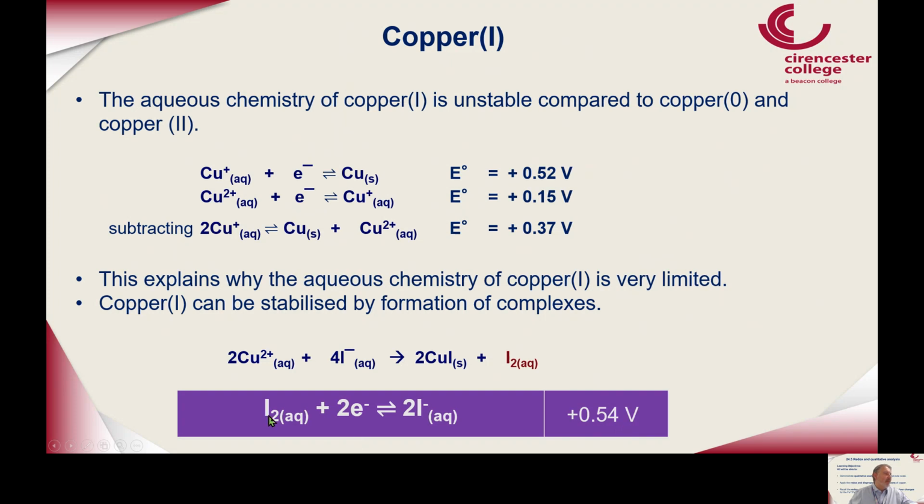So iodine can react with copper plus to make copper 2+, but it can also react with copper solid. So iodine plus copper solid will make Cu+ and iodide. But the gap is very small, so it's not particularly likely to happen. So it is more likely to go to copper 2+.